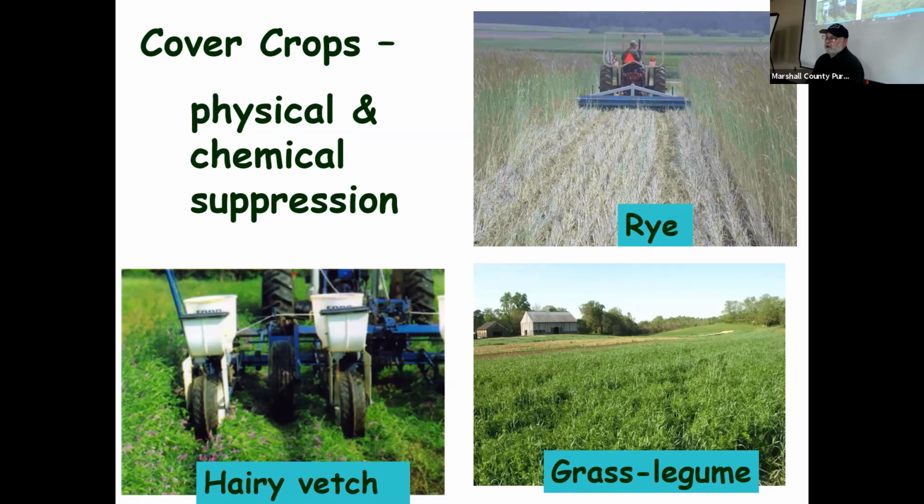If we get cereal rye and we crimp it as it's starting to head, or lay it down, like you've seen those photos from Europe a lot, where those circles are out in the wheat fields, if we do that to our rye at the right time, it'll actually become a living, organic mulch for us, and be returning all those nutrients back to the soil.